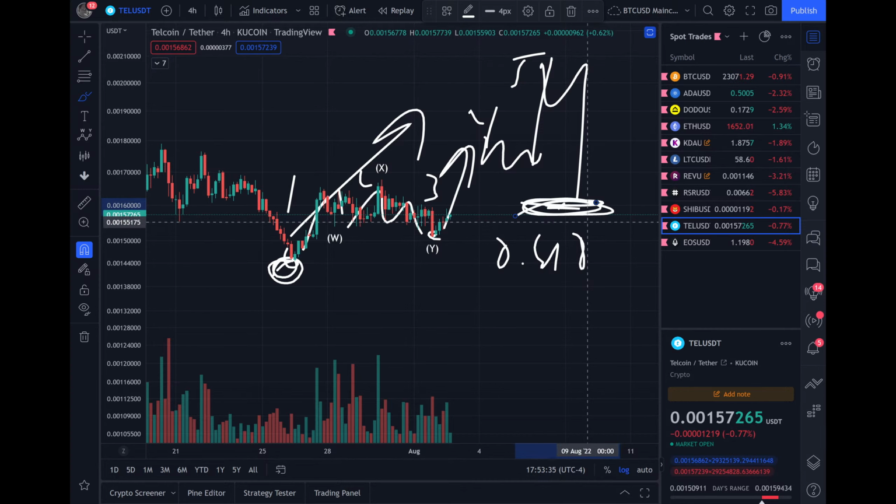Because you've entered not down here or not down here, but closer to this. But if you entered here and you leave it, you're still safe. You just set your stops here just in case, but you're safe. You can trade with very little stress.